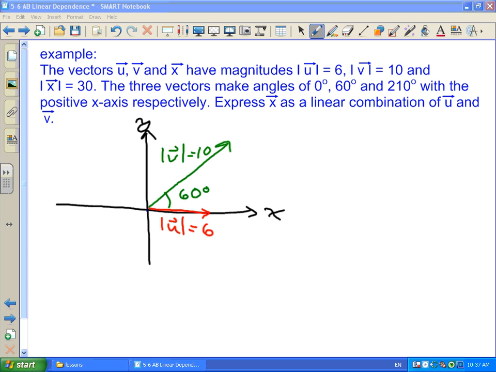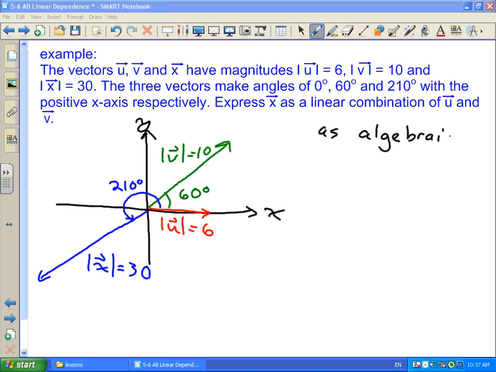So we'll just draw x down here like this. And this angle all the way around here is 210 degrees. Those are our three vectors. So let's turn these things into algebraic vectors.